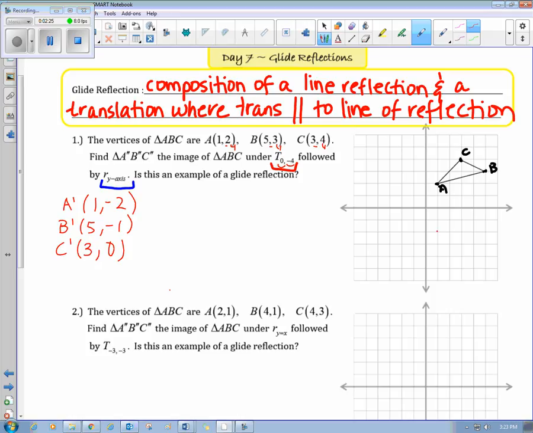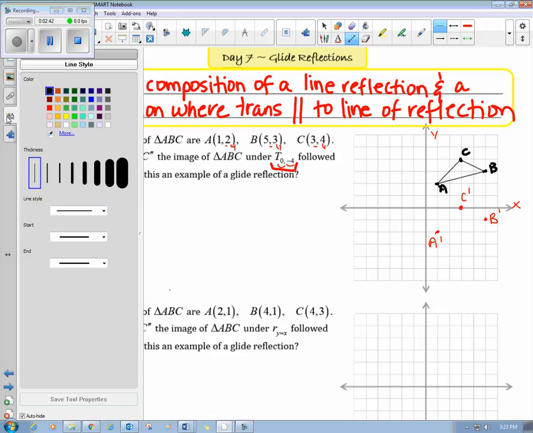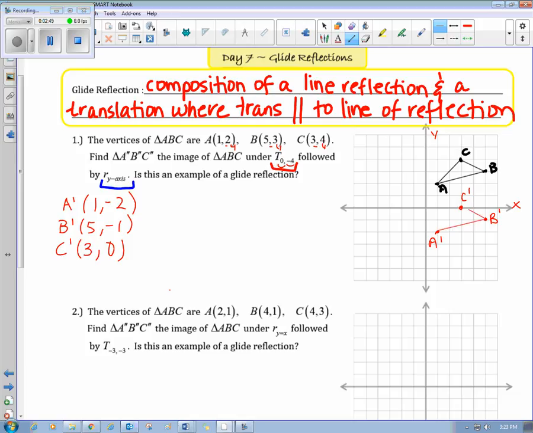So 1, -2, 5, -1, and 3, 0. A prime, B prime, C prime. I'm going to connect those points to make a triangle. There's the first line connected, the second line connected, and the third one connected. So my triangle, the original one, the black one, has translated down 4 units to become the red one.